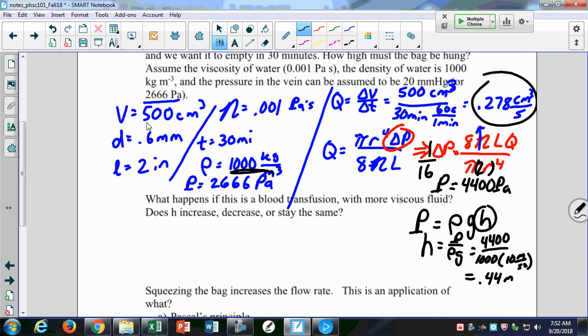What if you have a blood transfusion? So instead of using, say, a saline solution that you're putting into the patient, you're trying to put blood into the person. What would you have to do to the height of the bag? Let's do this as a clicker.